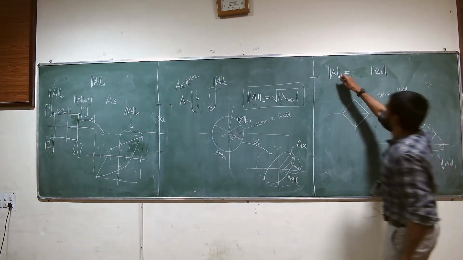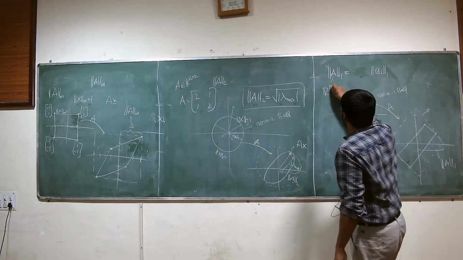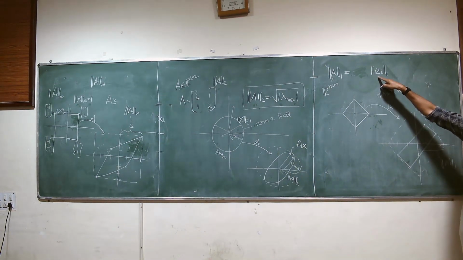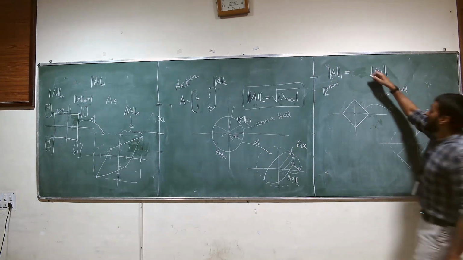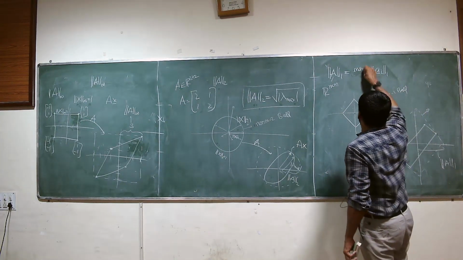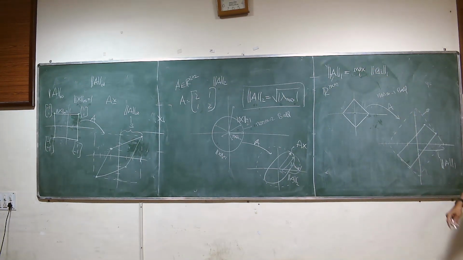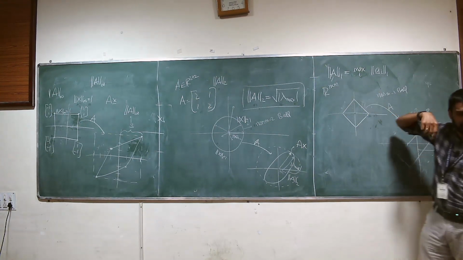Let's say A is n cross m. How many columns do you have? m columns. That means there are m such numbers that you will get, and the maximum of all of those will simply be the first induced norm of matrix A.